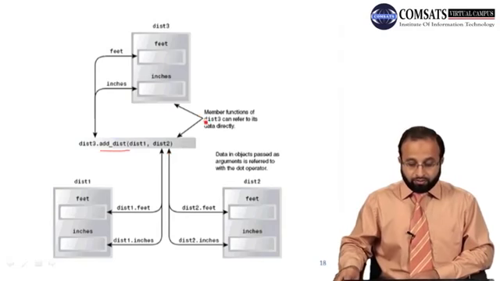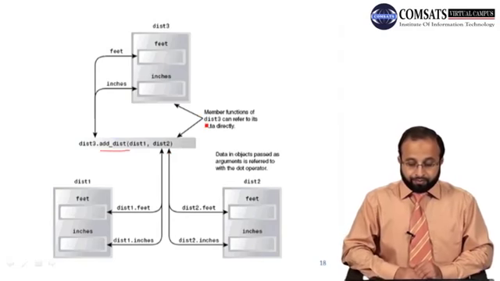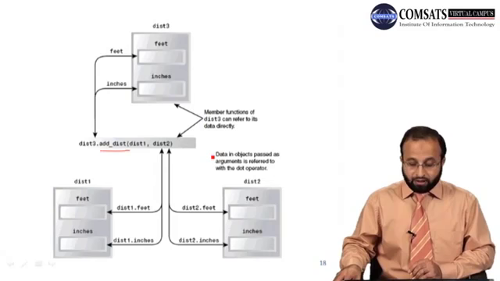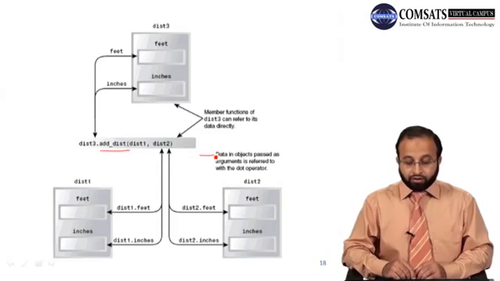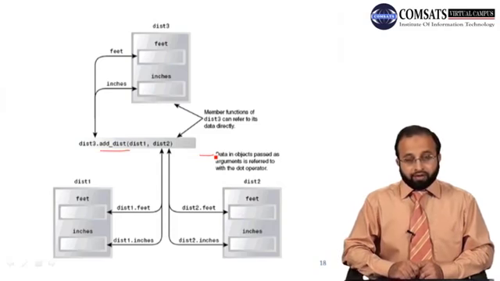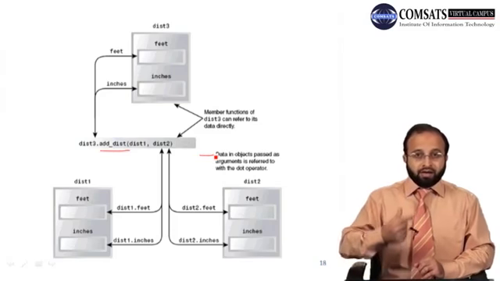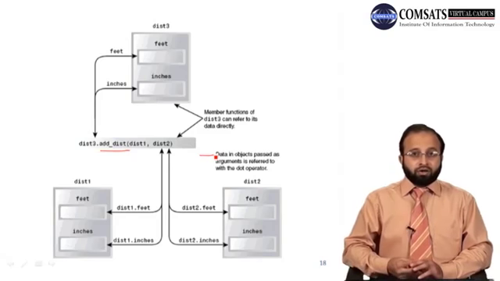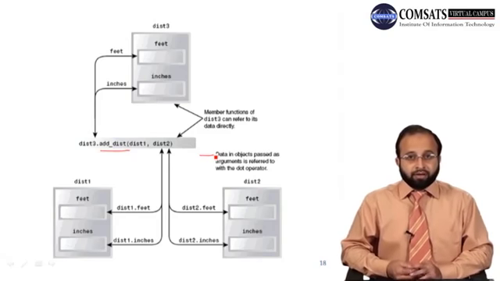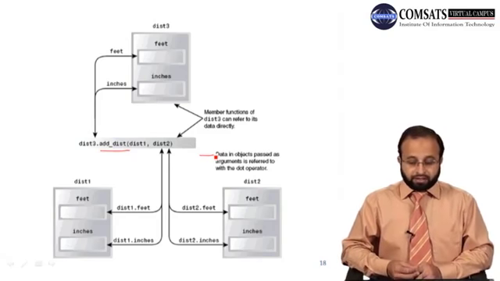So member function of dest3 can refer to its data directly, but data in objects passed as an argument is referred to with the dot operator. So जो भी डाटा आपने एज ए आर्गुमेंट, ऑब्जेक्ट एज ए आर्गुमेंट उस फंक्शन को पास किया है, उस ऑब्जेक्ट के प्राइवेट डाटा मेंबर आप डॉट ऑपरेटर से एक्सेस कर सकते हैं.